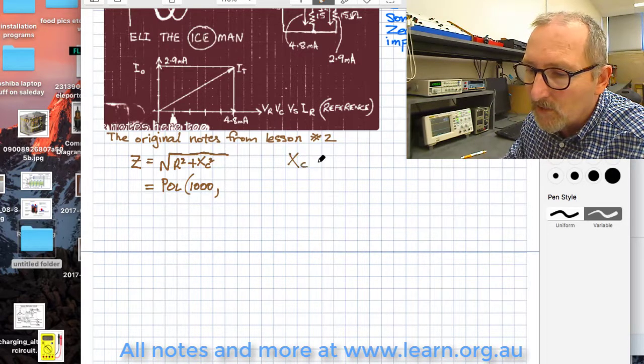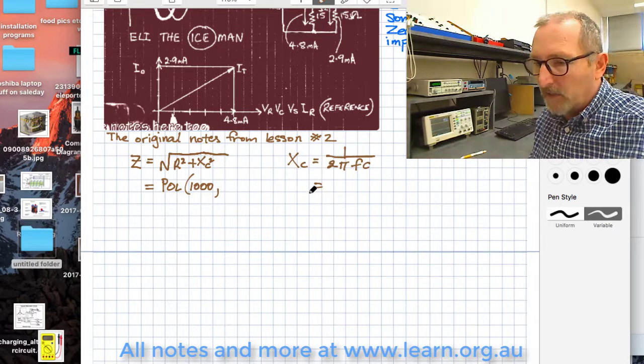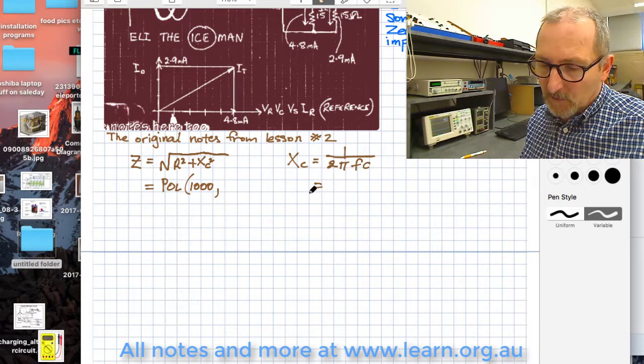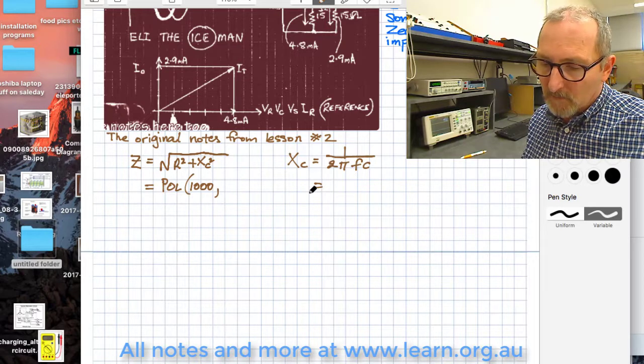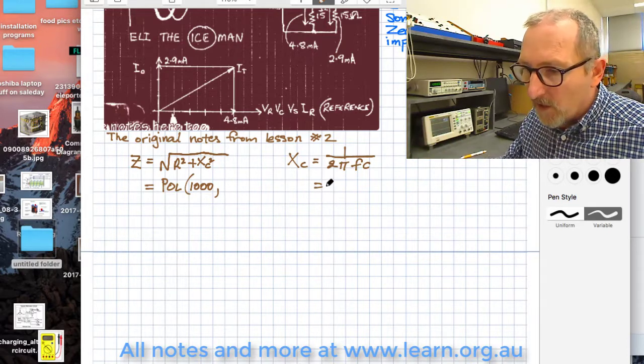So XC is equal to 1 on 2 pi FC. I know we did this last time, but we'll do it quickly again. Just grabbing my calculator and running the numbers on that. That's going to be equal to, in round terms, 6.28 times 900 times 0.1 exponent minus 6, equals, 1 on, equals 1769 ohms.